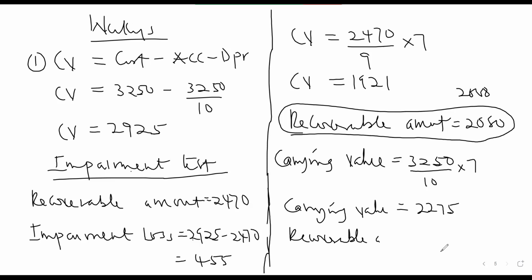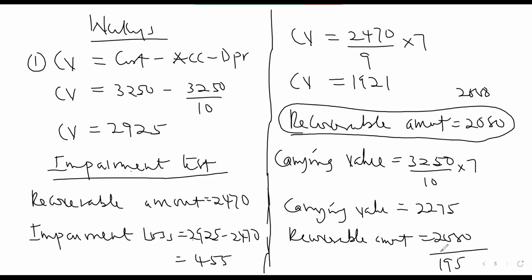The recoverable amount at this day is 2080. What should have been the impairment? 195. The impairment should have been 195, isn't it? Yes.